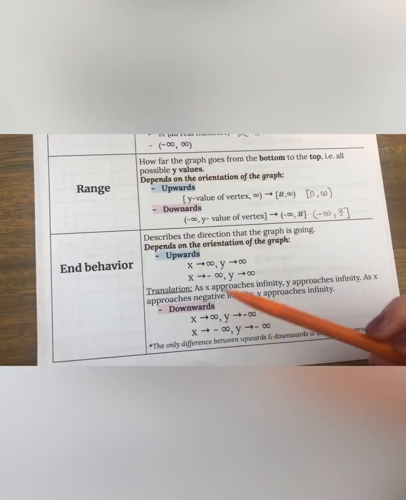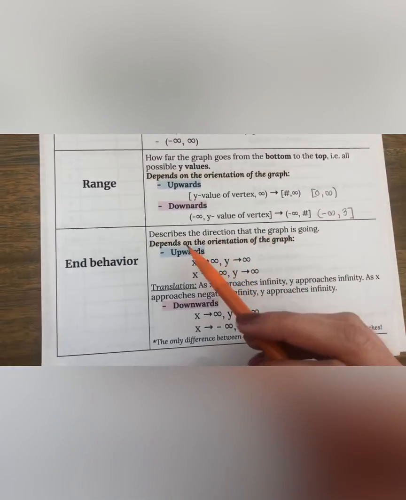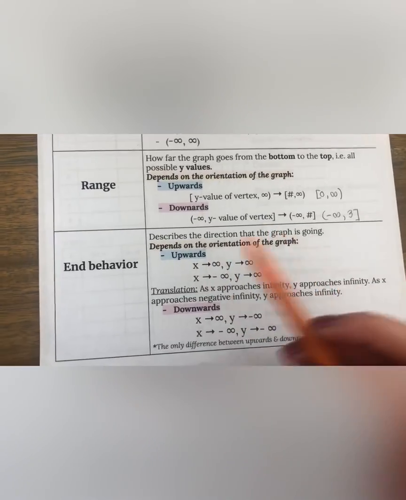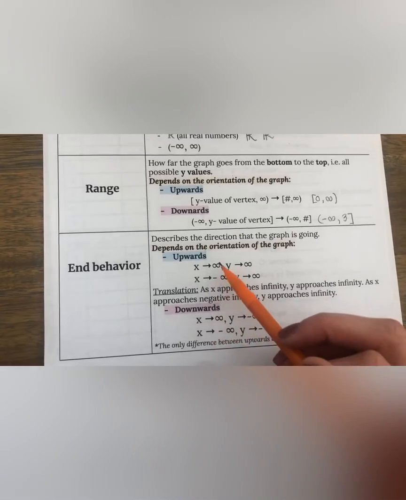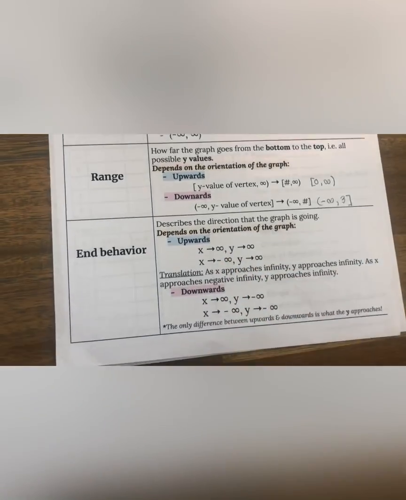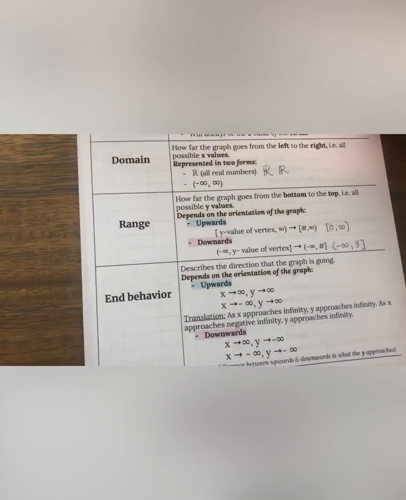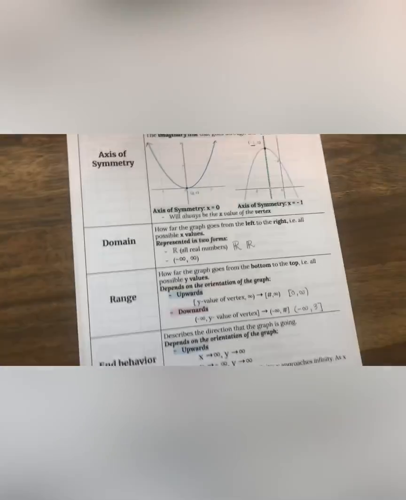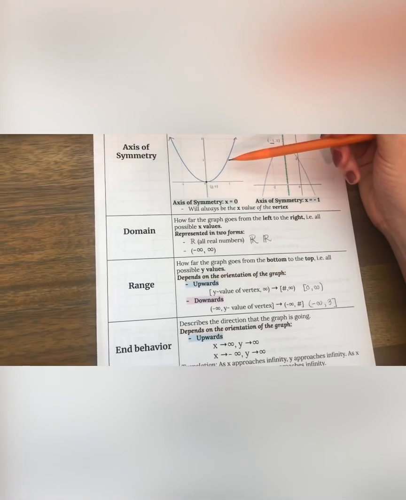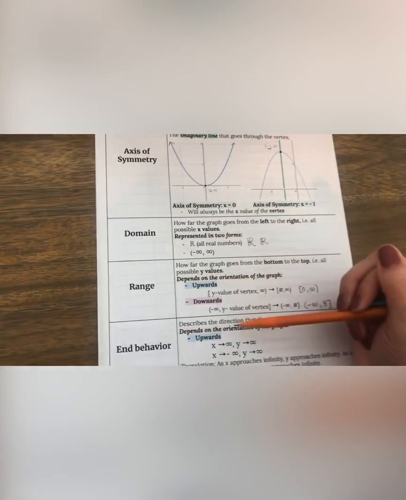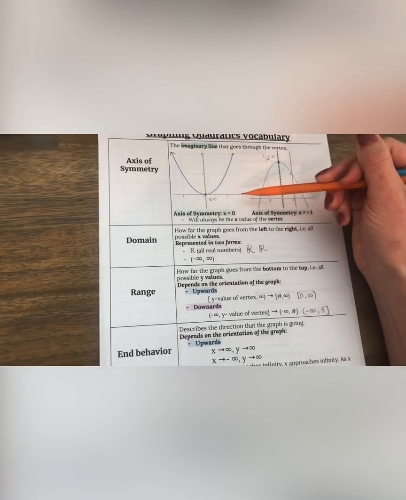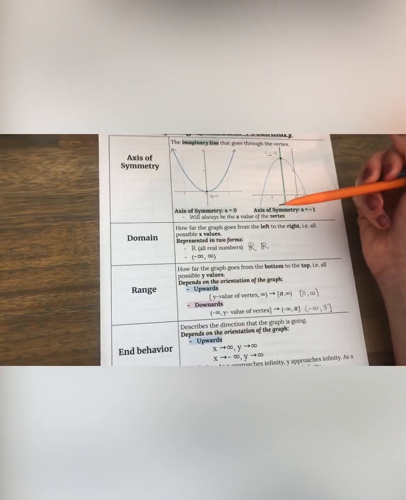So the last thing we're going to go over is end behavior. This describes the direction that the graph is going. So again, it kind of depends whether it's going upwards or downwards. Let me use this one again. If it's facing upwards, like this one, it's basically talking about, okay, as the x values are approaching infinity, what are the y values doing?